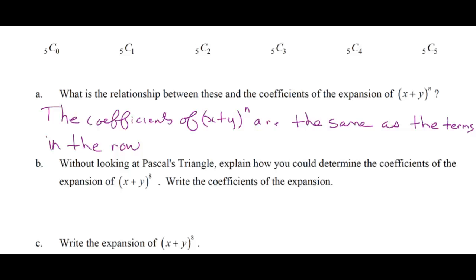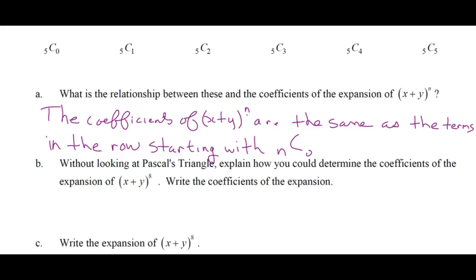So what's the relationship between this n and the number here? In the row starting with, so you're saying n plus 1 choose 0? No. n choose 0.